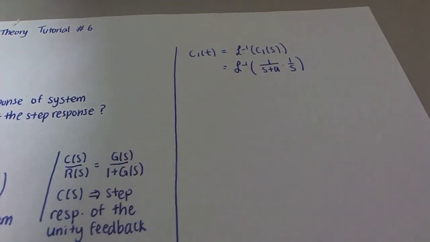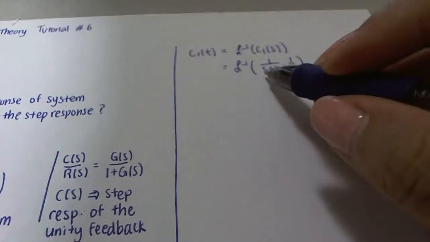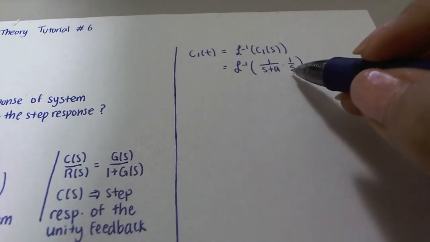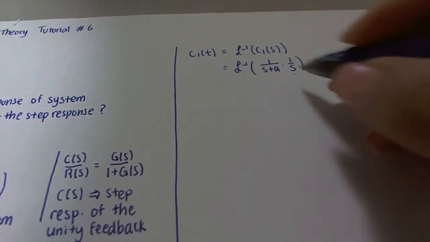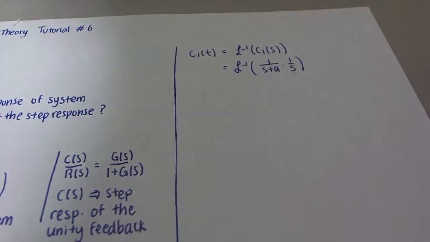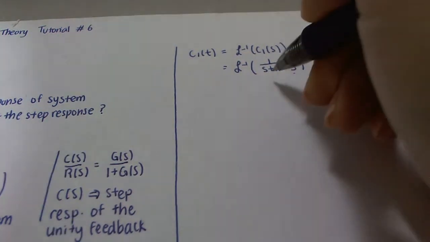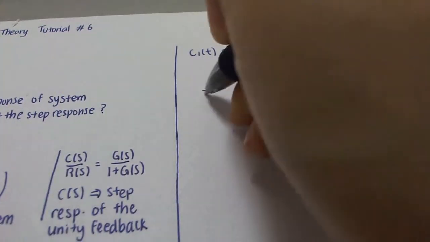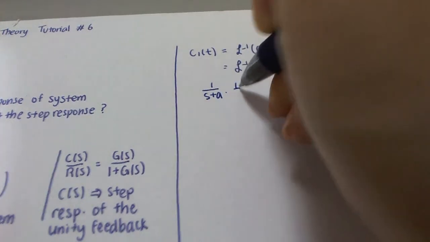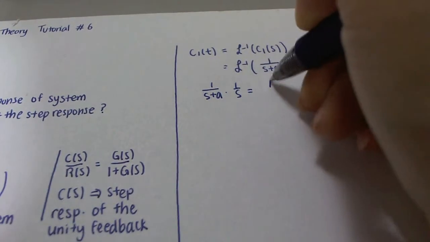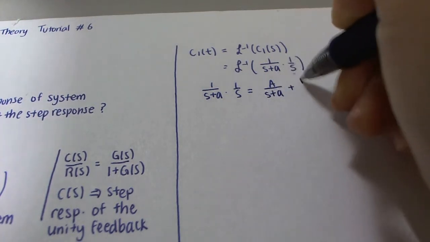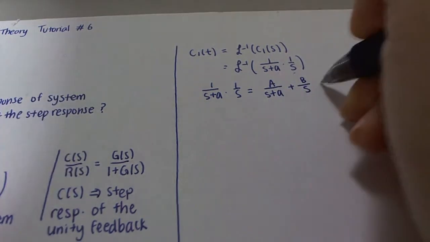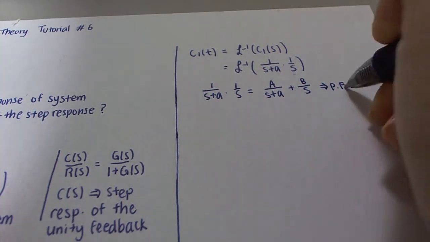And to find the inverse Laplace transform of a function of this form by using the Laplace transform table, we can first express this equation as a partial fraction expansion. So we can have 1 over (s + a) multiplied by 1 over s equals capital A over (s + a) plus capital B over s. And this is the partial fraction expansion.